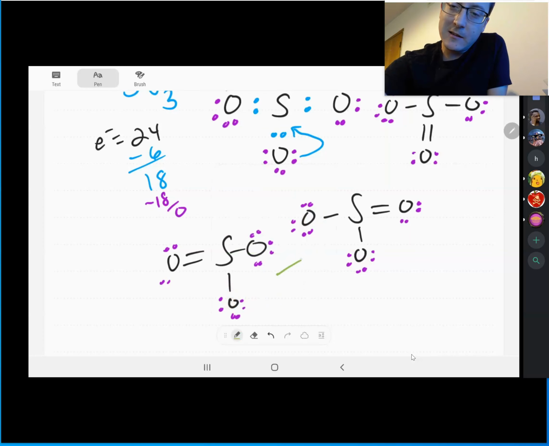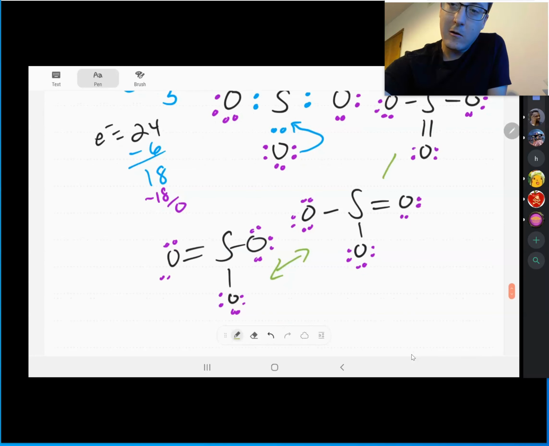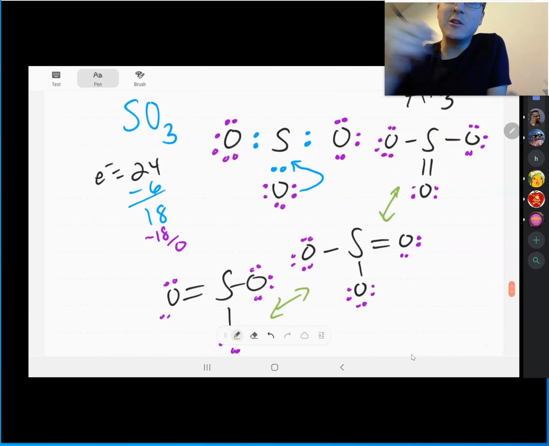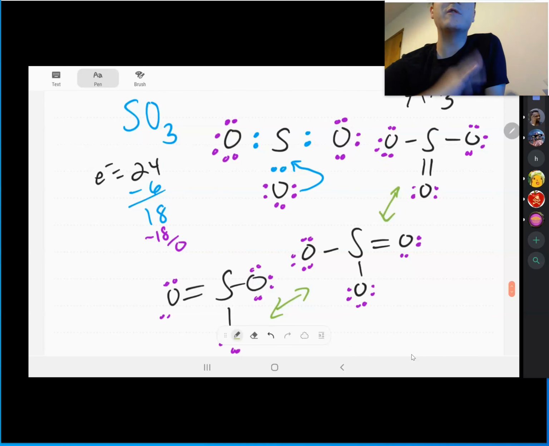All of these are identical to each other. We've just moved our double bond around. It can be any of these. So it does not matter which one we put as our double bond, it could be any of them.